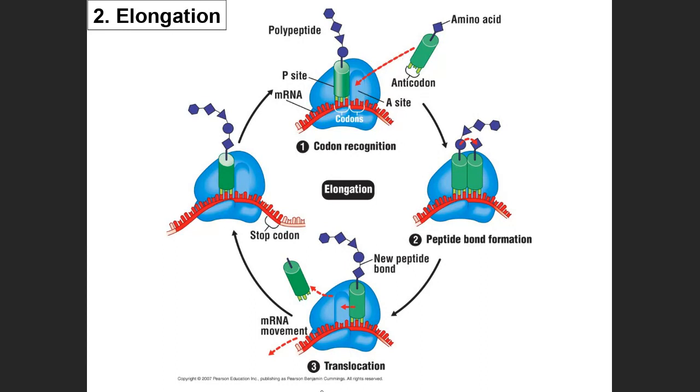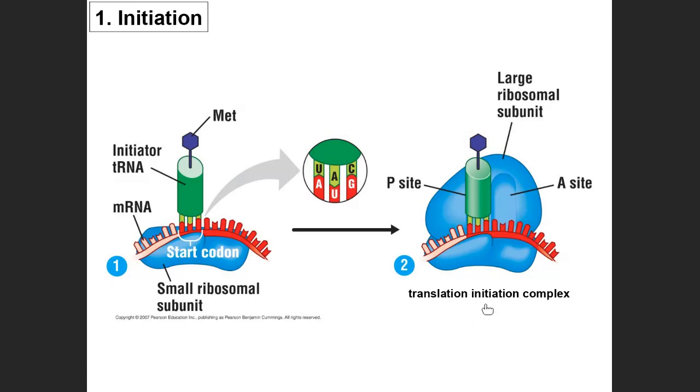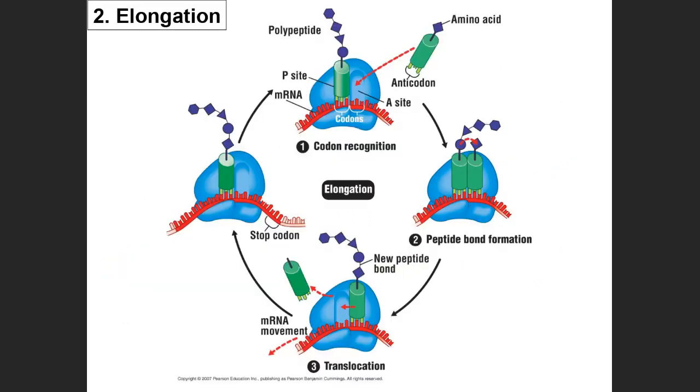So what'll happen is when this initiation complex is formed, this initiator tRNA is in the P site, and what I failed to point out is the next codon is now positioned in the A site. So it's ready for another tRNA to enter. During elongation, the A site is available for the next tRNA to enter.